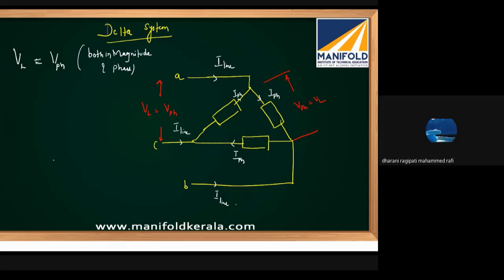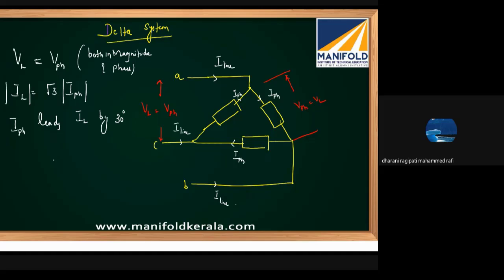And similarly, the magnitude of line current is root 3 times the magnitude of phase current, and phase current leads the line current by 30 degrees.